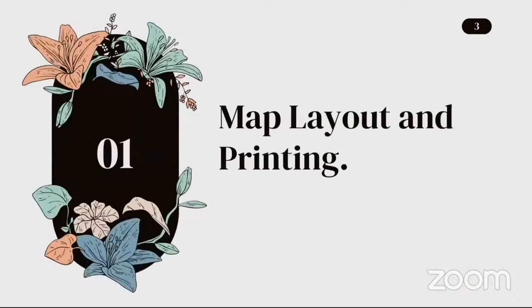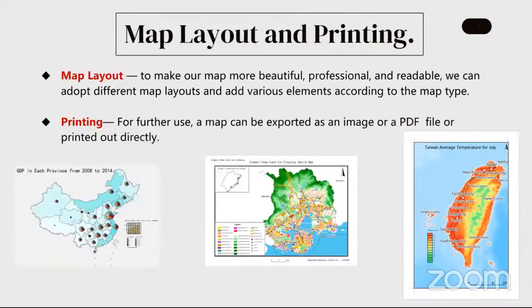Now we are going to start with today's topic, which is map layout and printing. As we know, map layout and printing are important parts of the process during and after we are done with the map creation, since the map layout can help make our map more beautiful and professional looking, as well as much easier for people to read and for us to recognize the symbols or data.